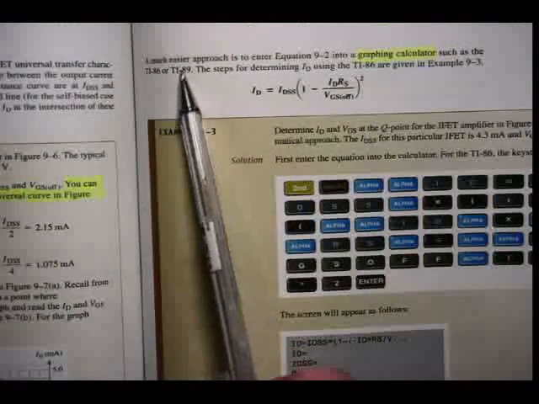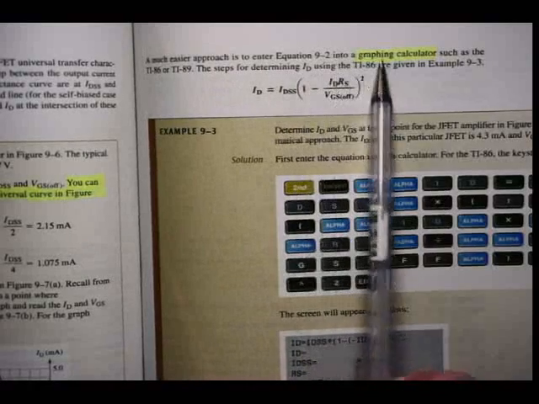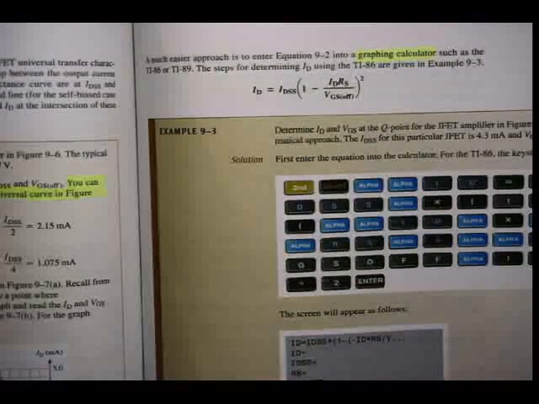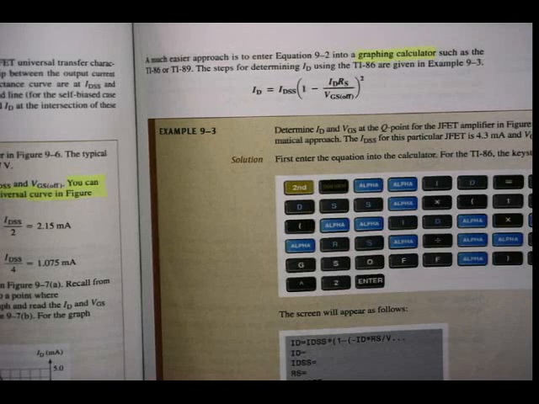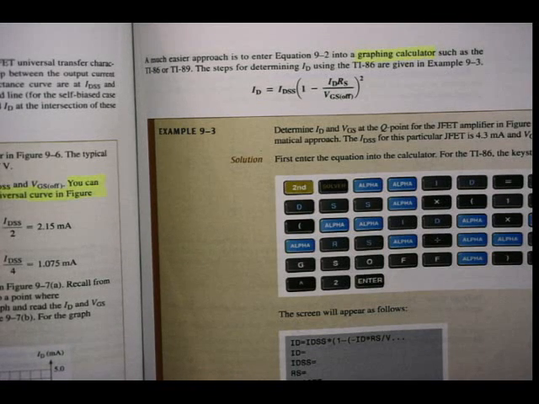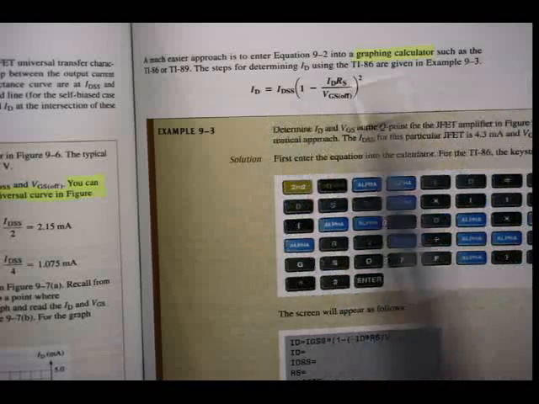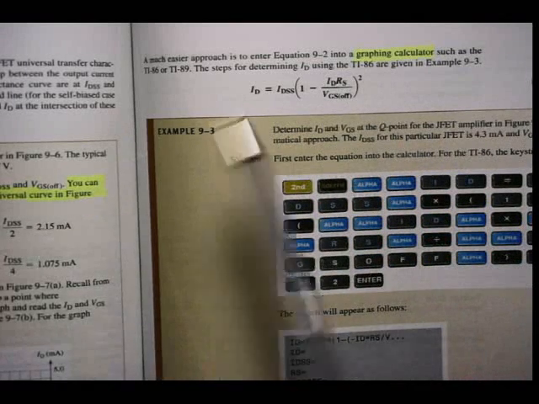They say at the top of the next page, a much easier approach is to enter the equation into a graphing calculator. But I think most of us do not have graphing calculators, so we are not going to do the mathematical method. We will use the graph as in the previous example. Anyway, you can use that formula if you do have a graphing calculator.